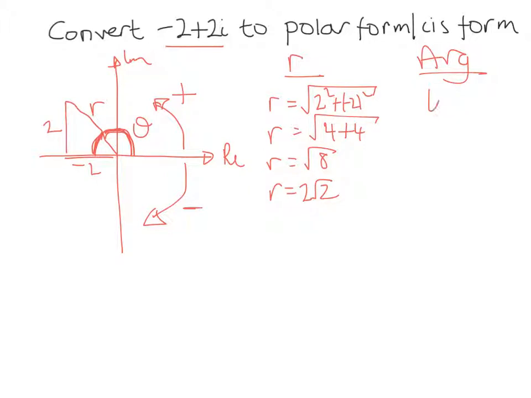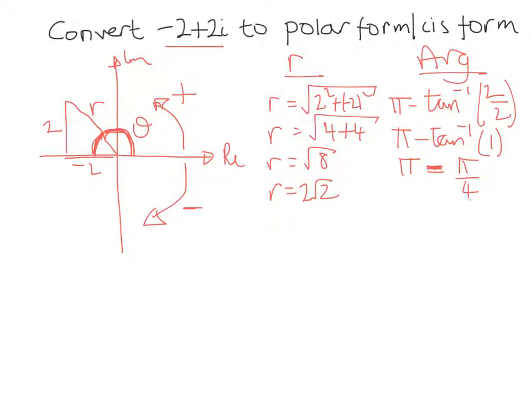That angle would be inverse tan of 2 over 2, and we could say it is pi minus inverse tan of 2 over 2. 2 over 2 is equal to 1, inverse tan of 1 is pi over 4. Pi minus pi over 4 is 3 pi over 4.